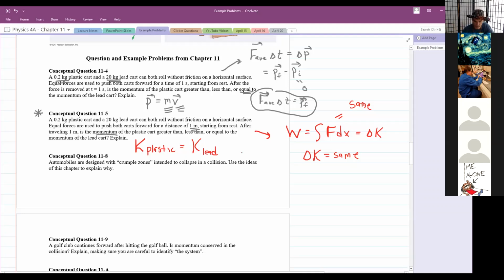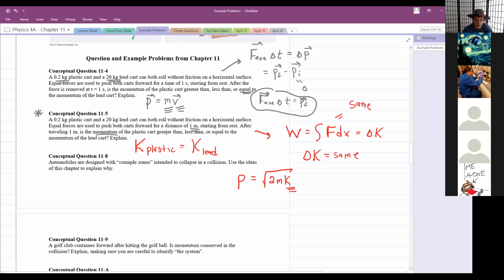But remember that momentum I can write as the square root of 2 times the mass times the kinetic energy. So if they both have the exact same kinetic energy, whichever one has the smaller mass is going to have less momentum. So in this case, I want to know, is the plastic cart's momentum greater than, less than, or equal to?